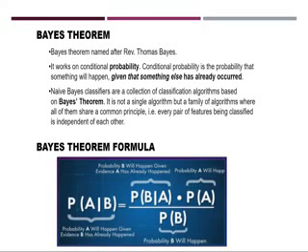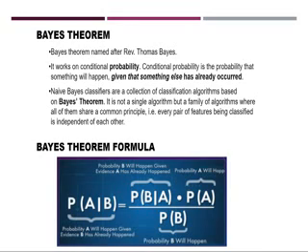Moving to the formula, as given, P(A|B) is the probability of event A occurring given that B has already occurred. P(B|A), which is in the numerator, is the probability of event B occurring given that A has occurred.